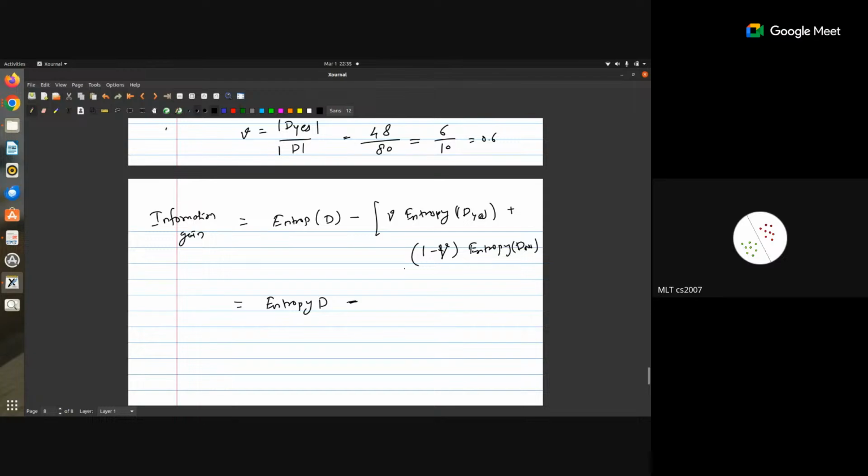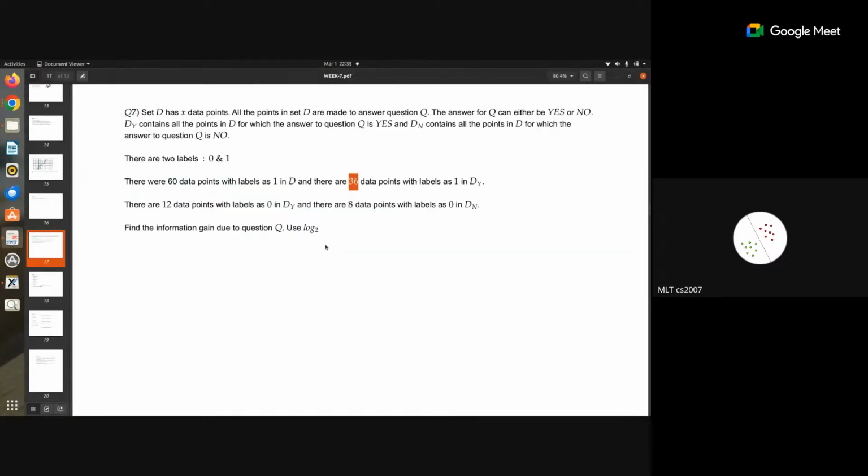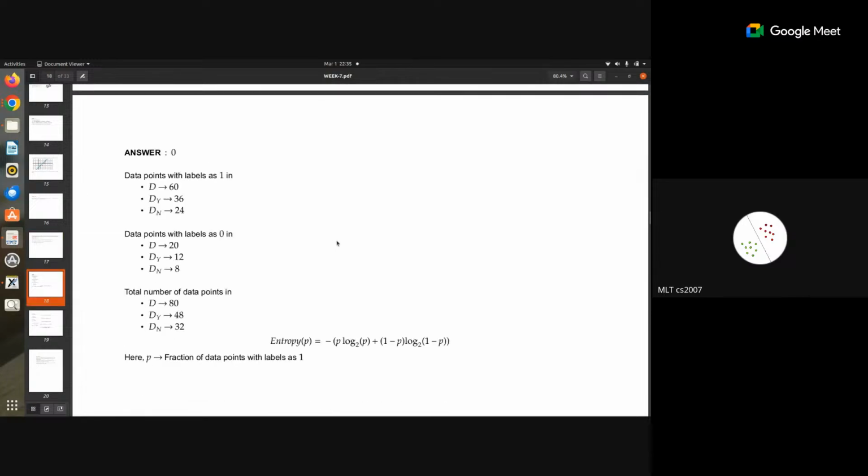It will remain gamma plus 1 minus gamma, that will be 1. So 1 minus 1 times the entropy is 0. So we are not gaining any information. That should be correct, I guess.